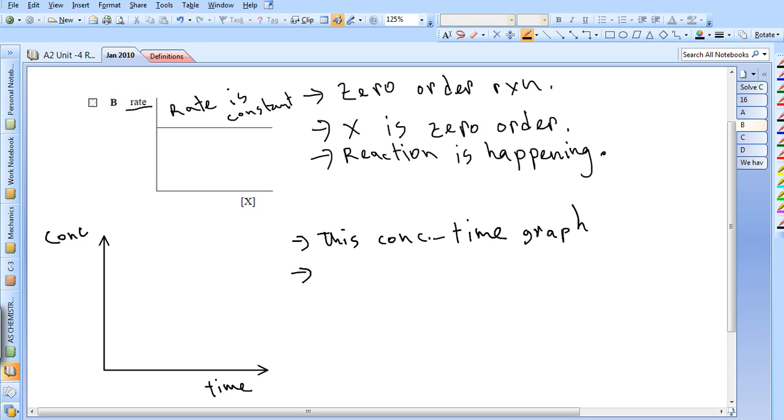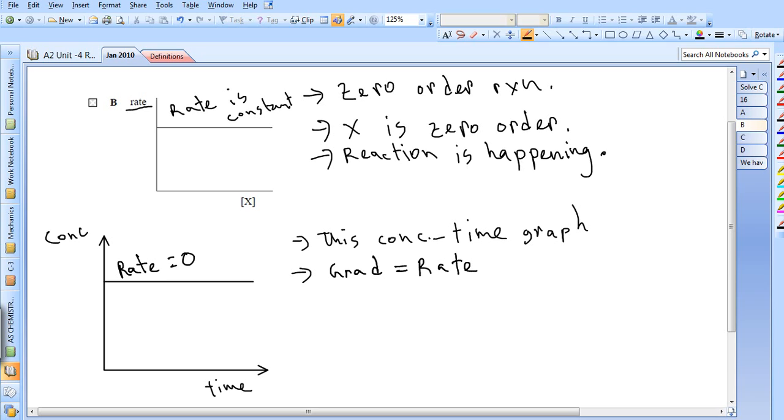So in here this should be horizontal. What does this horizontal mean? At first, here the gradient is rate. We all know that the gradient of a concentration time graph is rate. So in here the rate is 0.